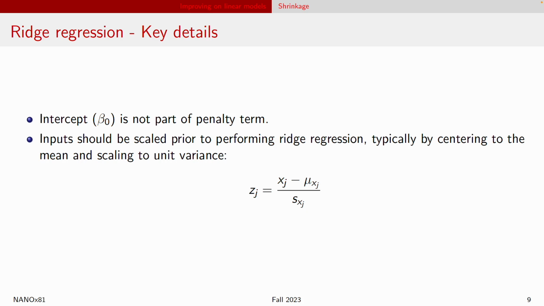All right, so a few things to note. One, the intercept term is never part of the penalty term, okay? That's something that you should note. And also, as I mentioned before, the inputs should always be scaled before you apply any of the shrinkage methods, okay? Typically the way that you do scaling is by subtracting the mean of each feature and dividing by the standard deviation of the feature, all right?